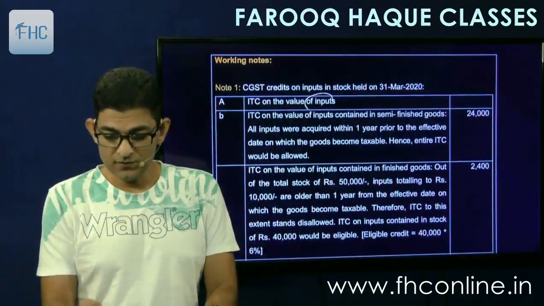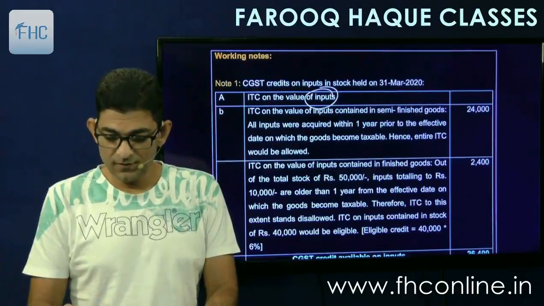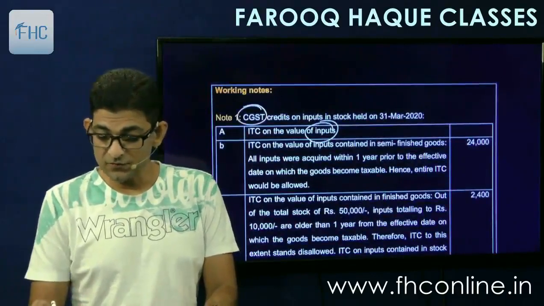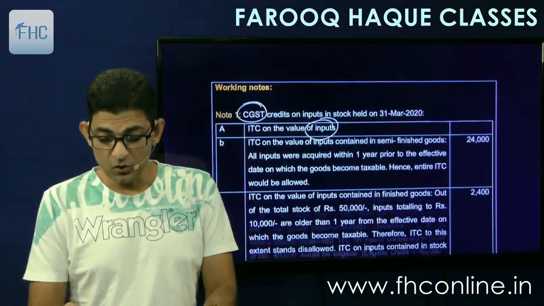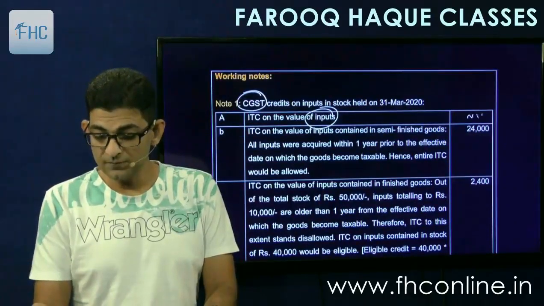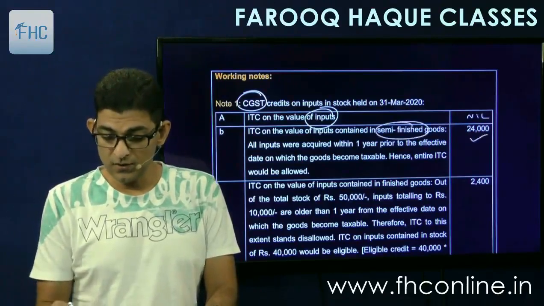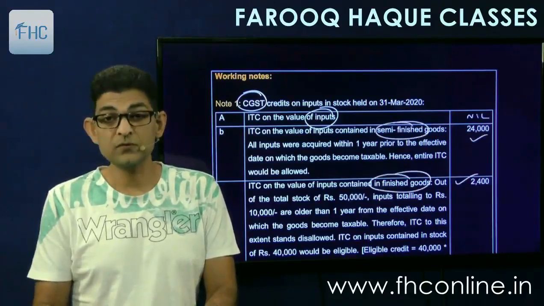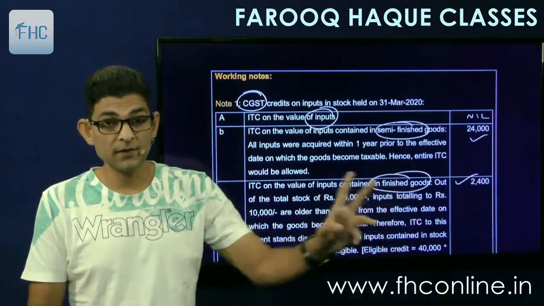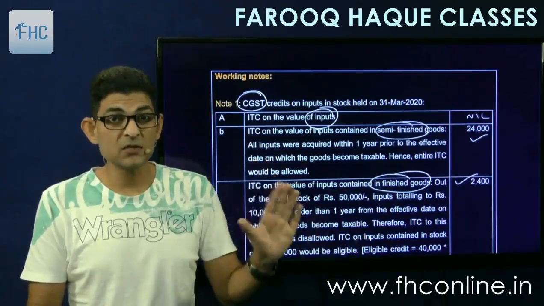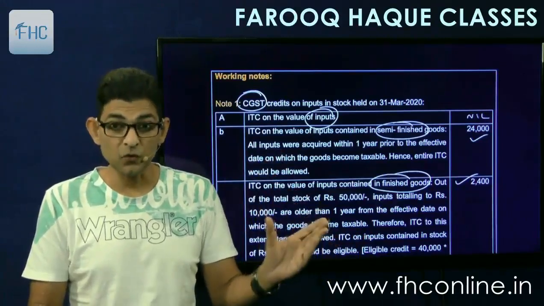Value of inputs. CGST credit. So first is CGST credit. So in case of CGST, on inputs there is nothing, so there is nil. Then in semi-finished you have got 24,000 and in finished goods you have got 2,400. That is proportionate, considering the invoices which have been issued within the last 1 year, that is of 40,000.